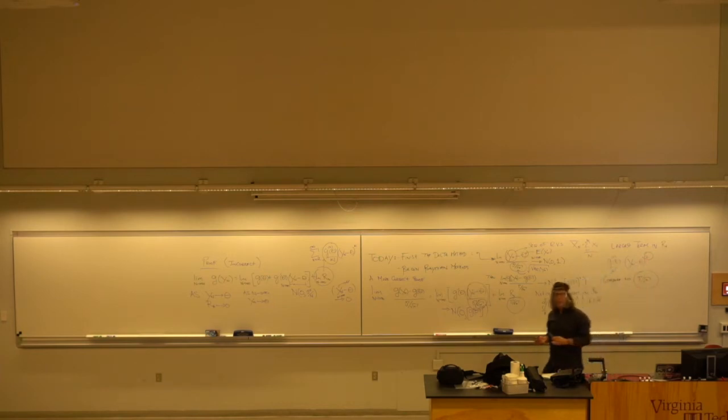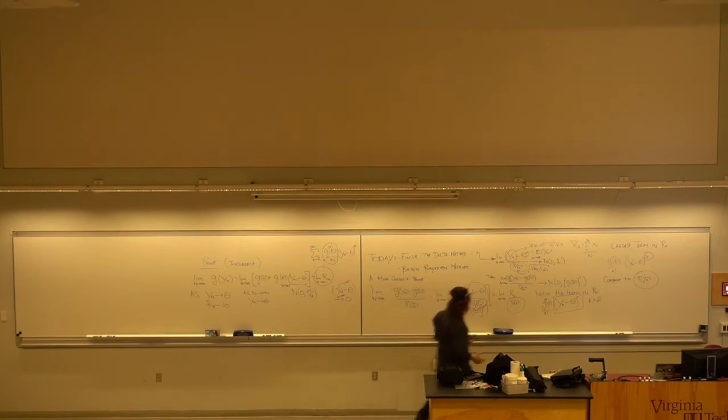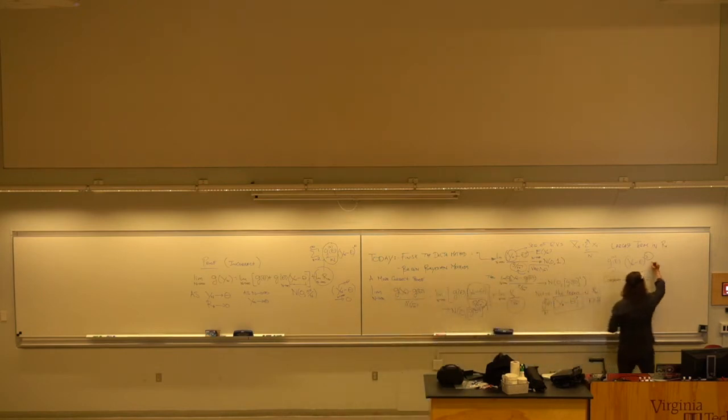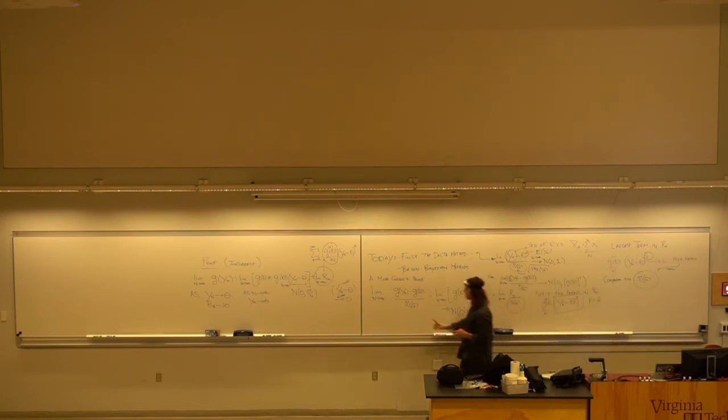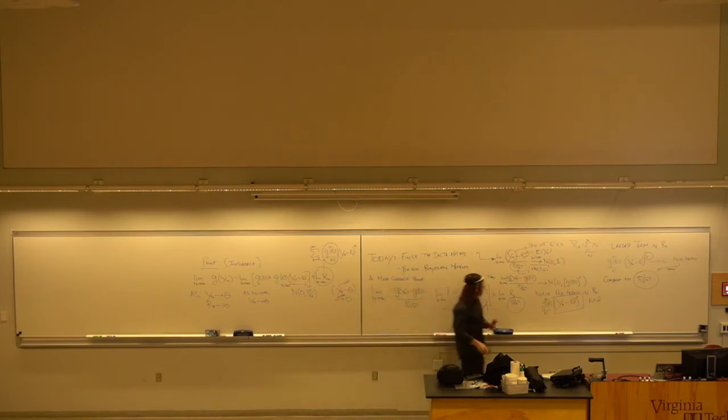So I want you to think about that. The book walks you through that argument. But this is going to 0 much faster than that's going to 0. So again, this is going to 0. Now I'm multiplying by an extra linear term to make it quadratic.